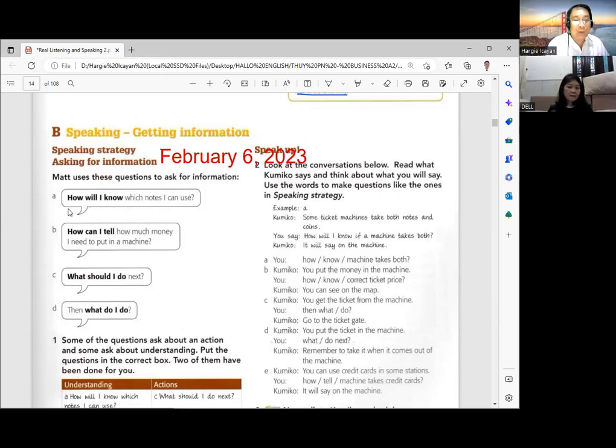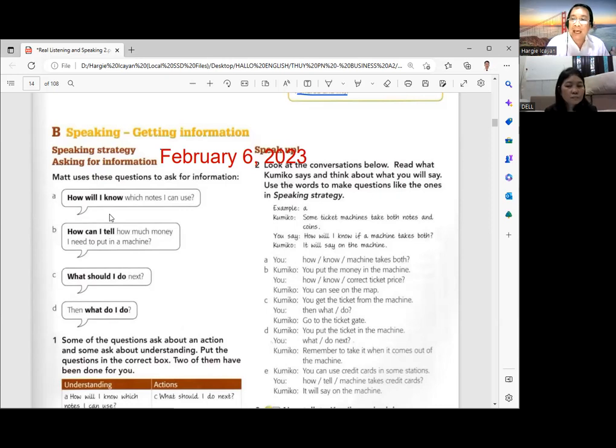The one written in black would be the proper question to ask if you wanted to ask for information. So, how will I know? Let's say, for example, how will I know if I already reach my destination?